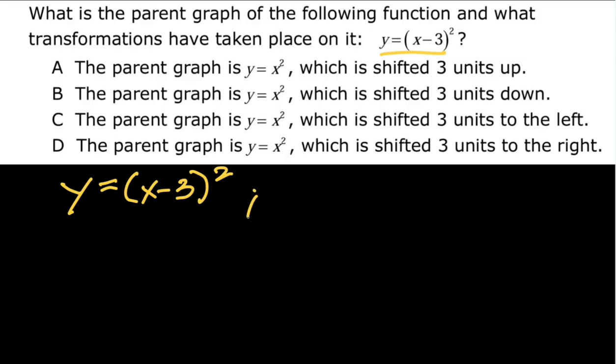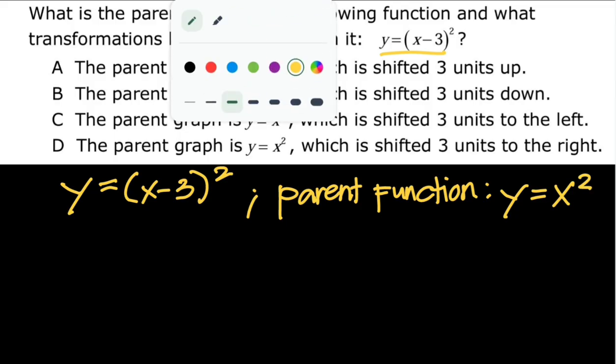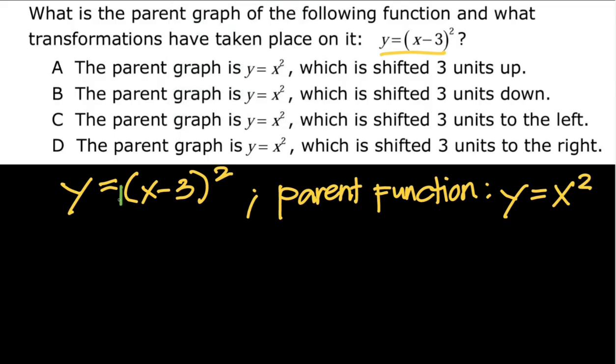Therefore, the parent function is y equals x squared. And it's positive here, no negative sign. So that means the graph, the parabola, is opening upward with vertex at 0, 0, the origin.